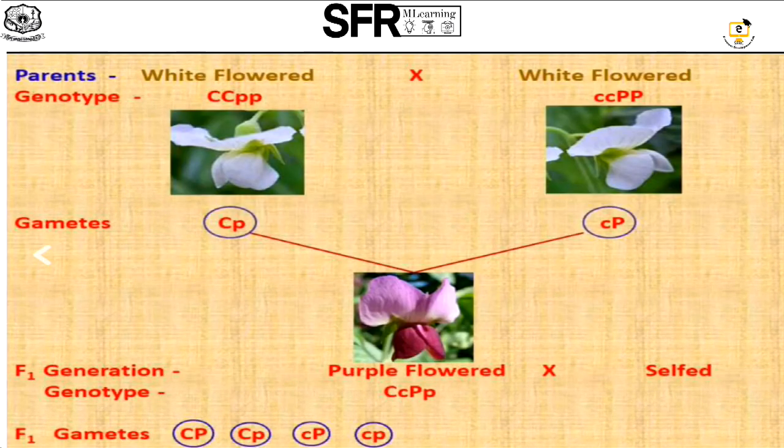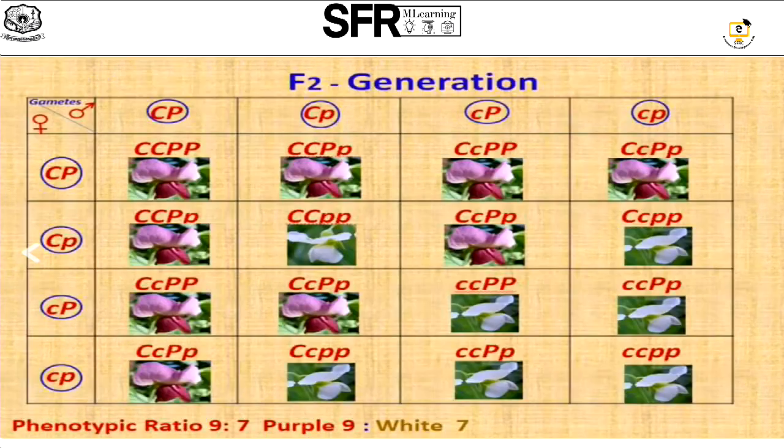Now we cross the white flowers, one with chromogen and the other with anthocyanin. The genotypes are a dominant variety and a recessive variety. The gametes are produced by one dominant and one recessive character. Finally, we conclude that the F1 generation is a purple-colored flower, which is selfed. The F1 gametes are two dominant and two recessive varieties.